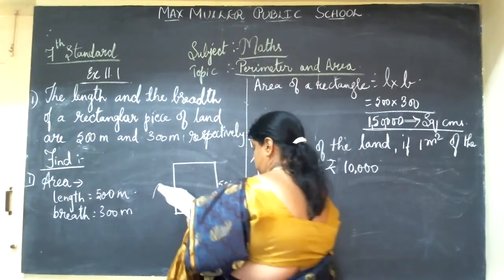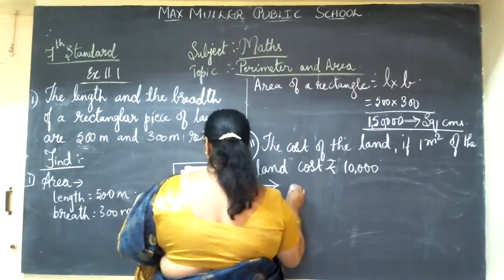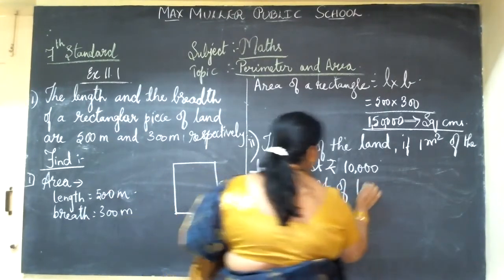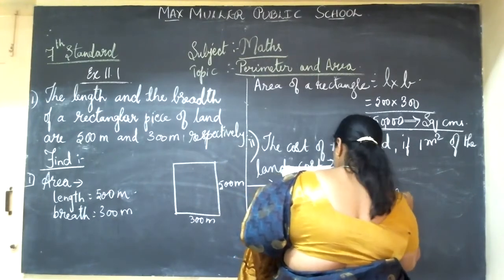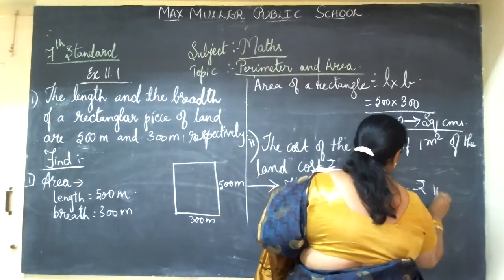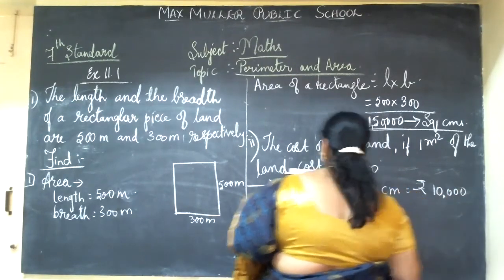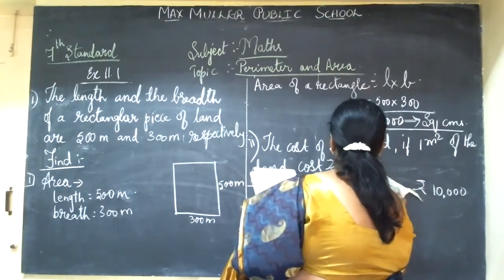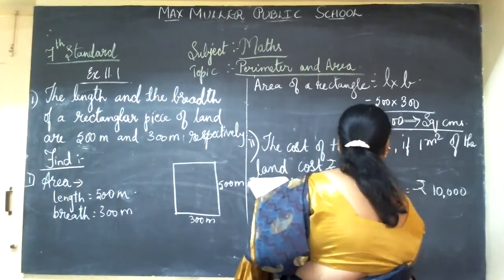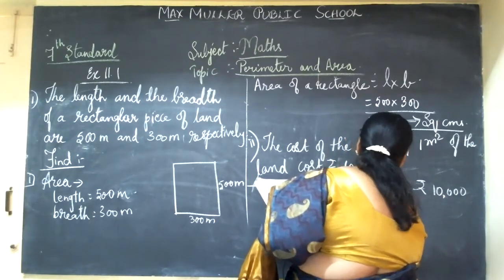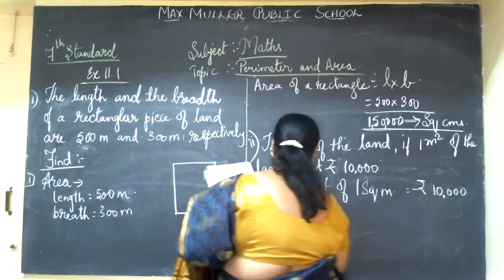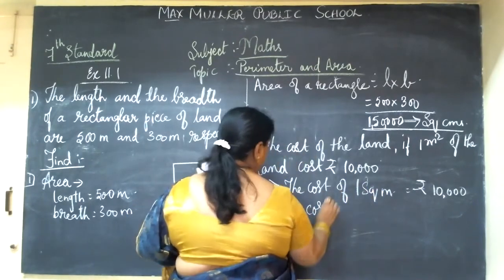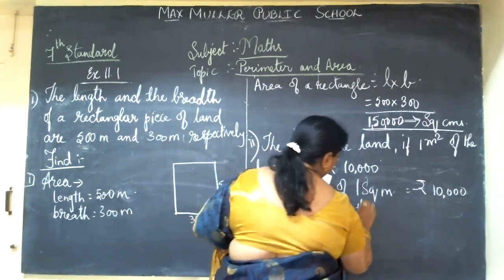Okay, for that answer, the solution will be: the cost of 1 square meter is equal to rupees 10,000. Total cost of the land.